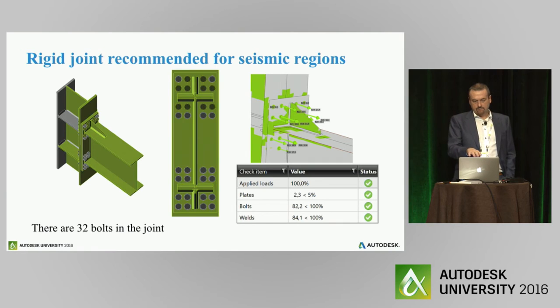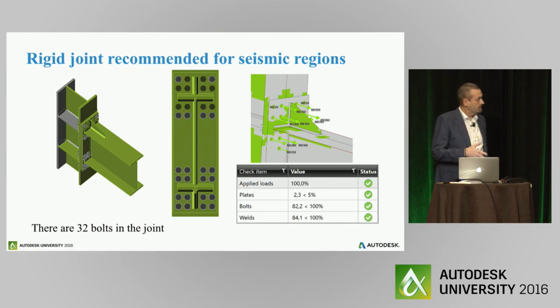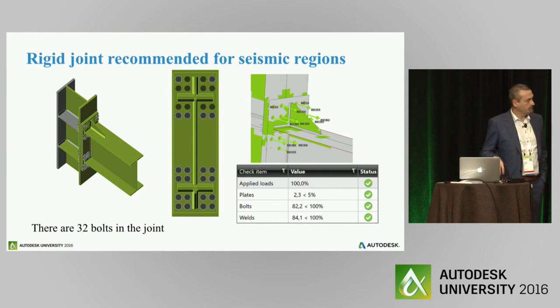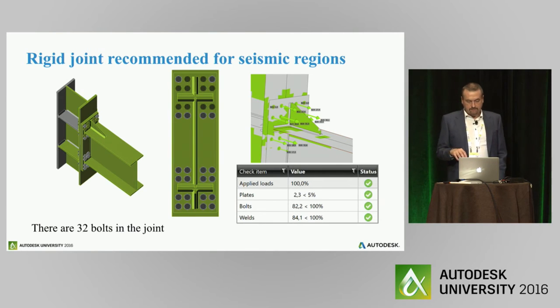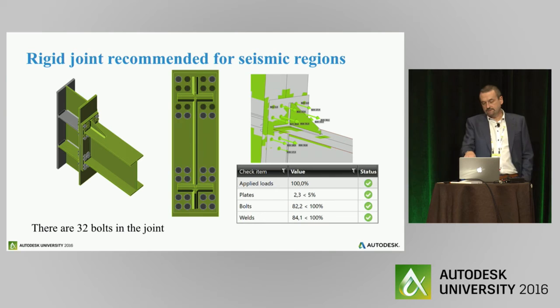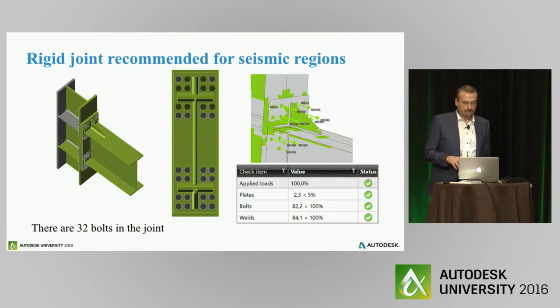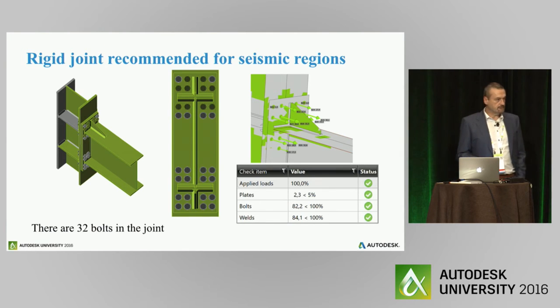There are two rows above the flange and two rows below the flange. And when we calculate it, we have internal forces in all bolts, and with our traffic lights presentation, you see which bolts are designed quite okay.